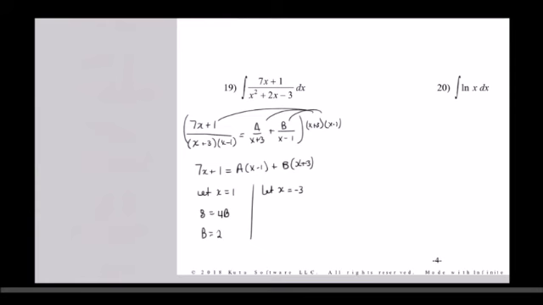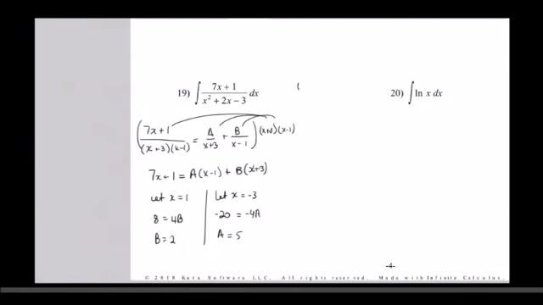And then using this, we could let x equal -3, because then that'll cancel out the b part of this, allowing us to solve for a. So if all the x's equal -3, then over here, 7 times -3 is -21 plus 1 is -20. And then here we get -3 minus 1 is -4a. And we already decided b would cancel because -3 plus 3 is 0. So solving this now, we get a equals 5.